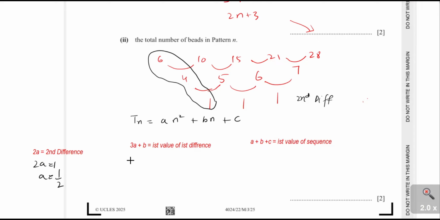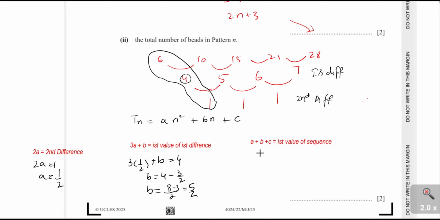Here we write 3 as it is, a is 1 over 2, and b we write as it is. The first difference of the sequence value is 4, we write 4. Therefore, b will be equal to 4 minus 3 over 2, and we can write this as 8 minus 3 over 2, and this is 5 over 2.